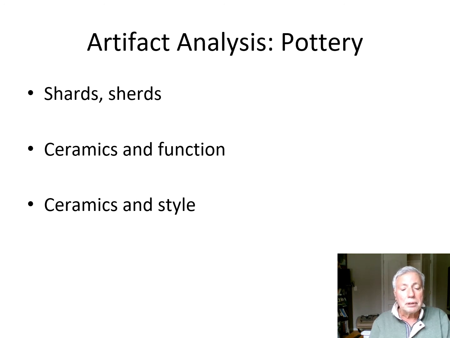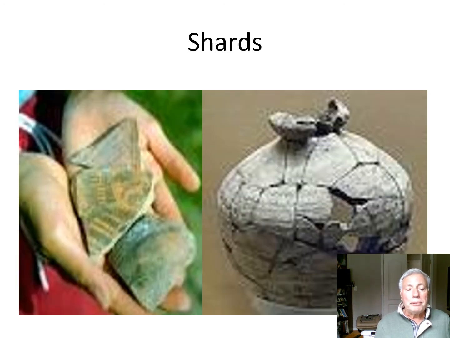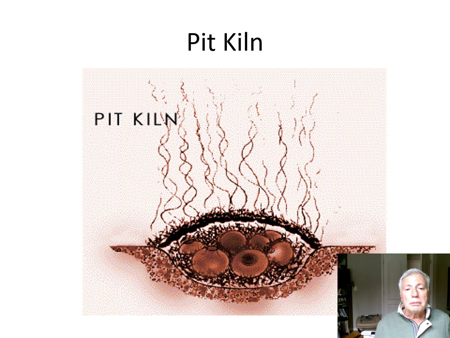Ceramics serve as a great area of study and analysis, not only because of the analysis you can do with our techniques of dating, but you could also look at it for style and try to understand something about the cultural rendition. And here we have pot sherds, and you could see what I mean, the pieces of pottery.